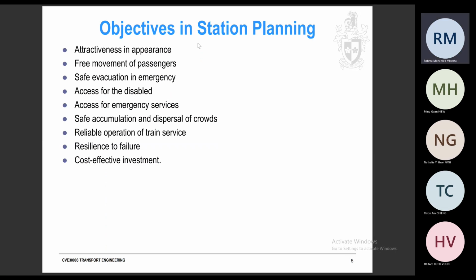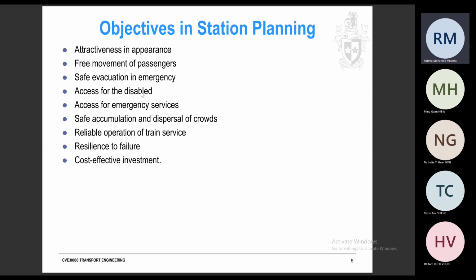Then there are some objectives in station planning that are included already, that you want to promote attractiveness in appearance, free movement of passengers, safe evacuation in terms of an emergency situation. How do you evacuate? Because stations sometimes are closed, especially the ones underground.